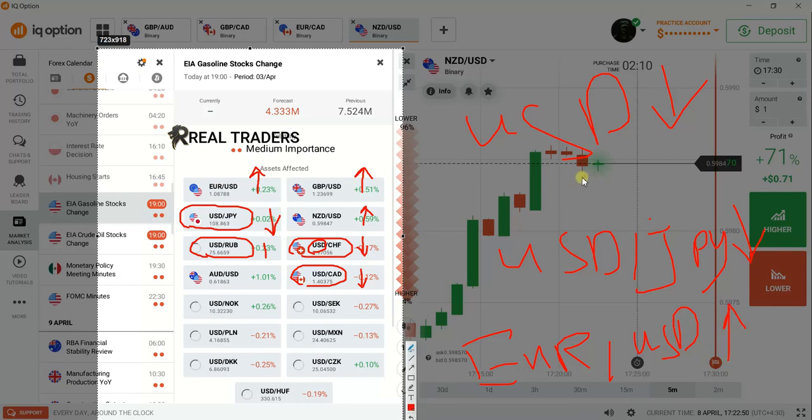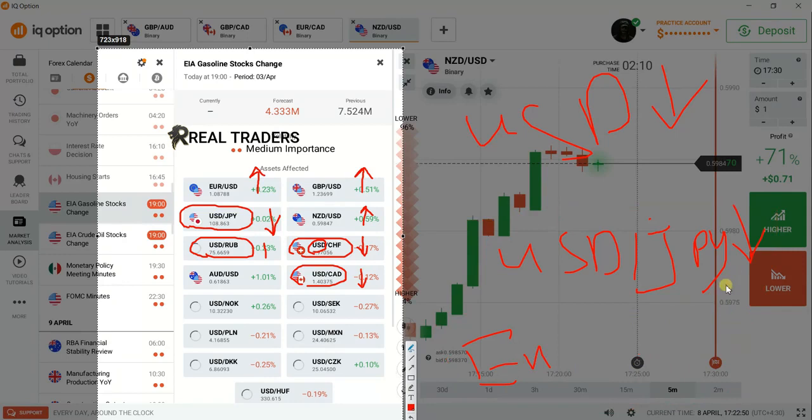Why? Because USD will go down. In the USD JPY, the USD is the measure currency, so overall the price will go down. And here the USD is in the second place. The Euro is the measure currency, so the price will go up.